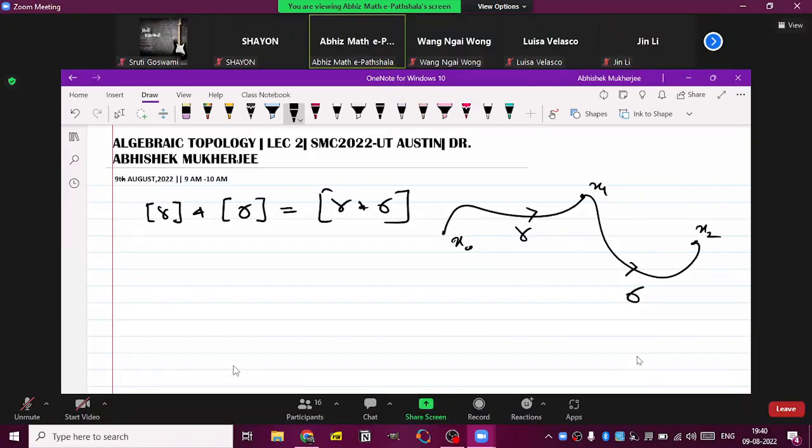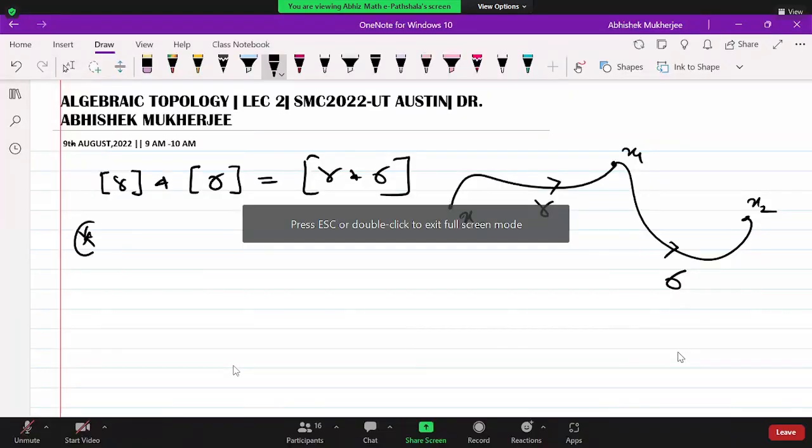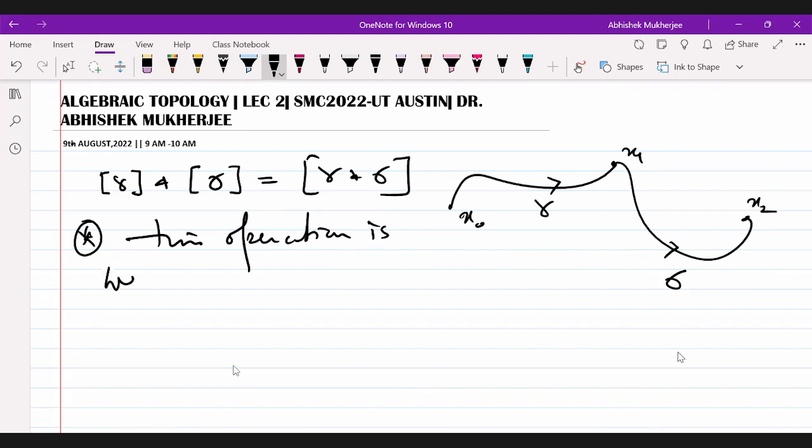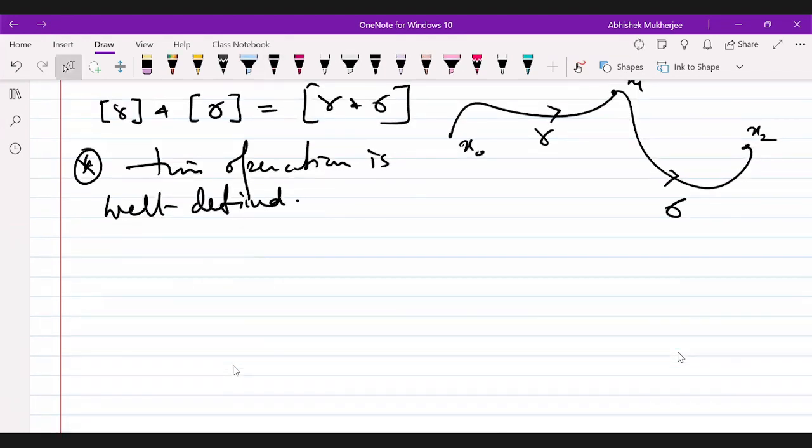Okay. And we have already proved that this operation is well defined. So that has been proved yesterday.